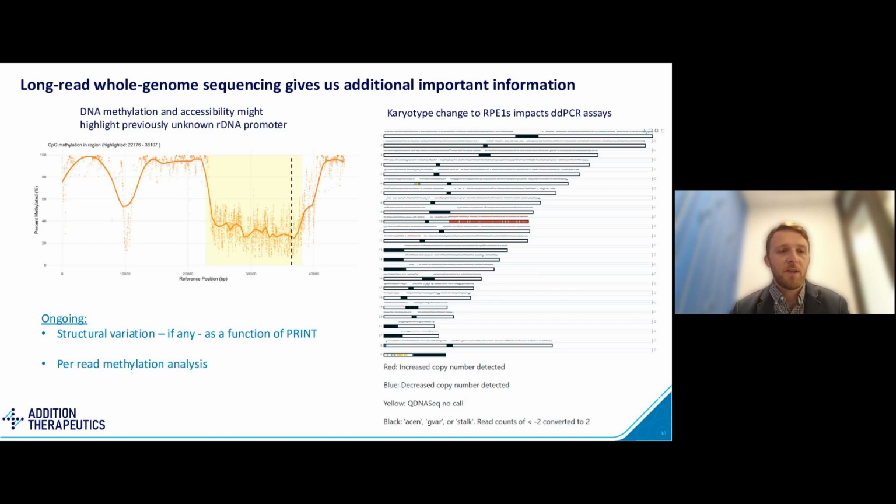So on the left, you can see a plot showing the average methylation of the rDNA across the hundreds of copies that exist per genome.